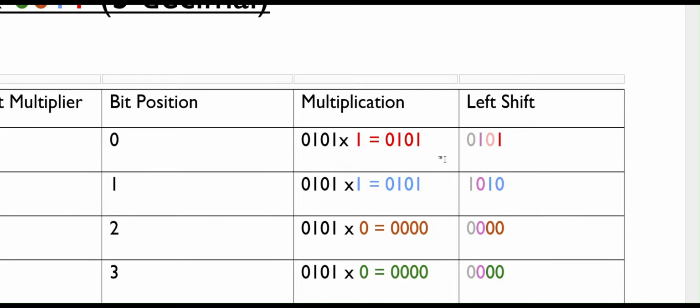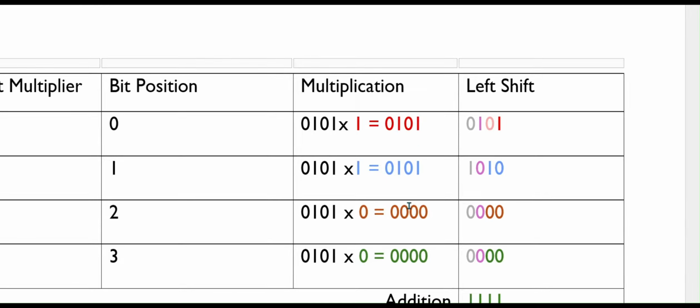Just as I've demonstrated here, we have 0, 1, 0, 1 times 1 equals that. So if you multiply 1 times the whole of the 5 bits here, you get 0, 1, 0, 1. If you multiply 0 by the 5, you get this. And if you multiply the 0 by this 5 bits, you're going to get 0 again. So basically, 1 times any number still gives you the same number. 0 times any number gives you 0.